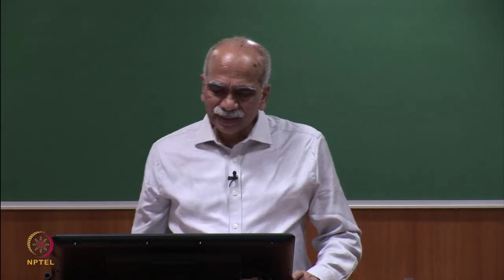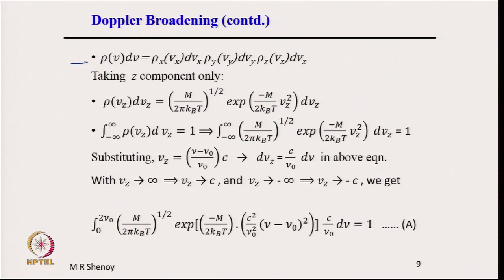So, rho of V dV is equal to rho of Vx dVx times the corresponding terms for y and z, because the three components of velocity are independent, and therefore the probabilities can be separated out. Taking only the z component, rho Vz dVz can be written like this.